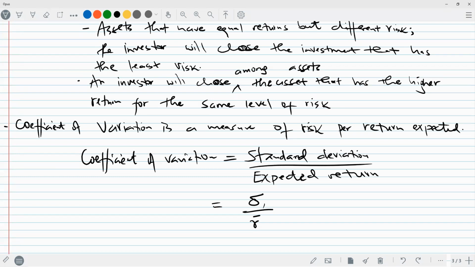It's a measure of how much risk comes with every return that the investor gets, or how much risk that return exposes the investor to.